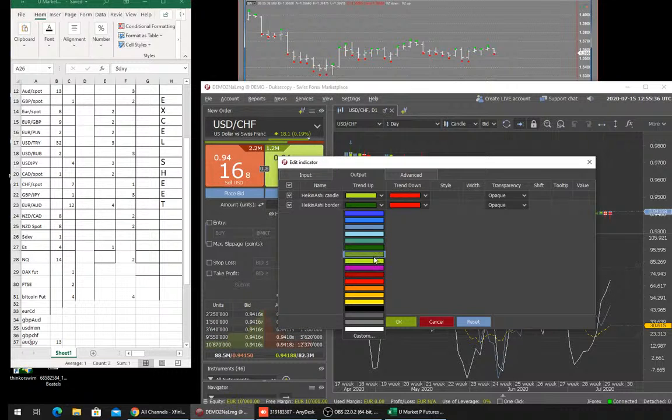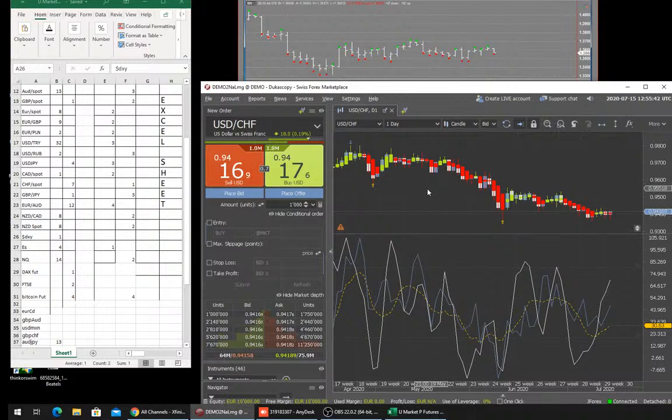I like that. There we go. So it's like our greens and reds. That's better, and you can see that matches up a little bit better. Nice. All right, so you can see here from the red and the green.